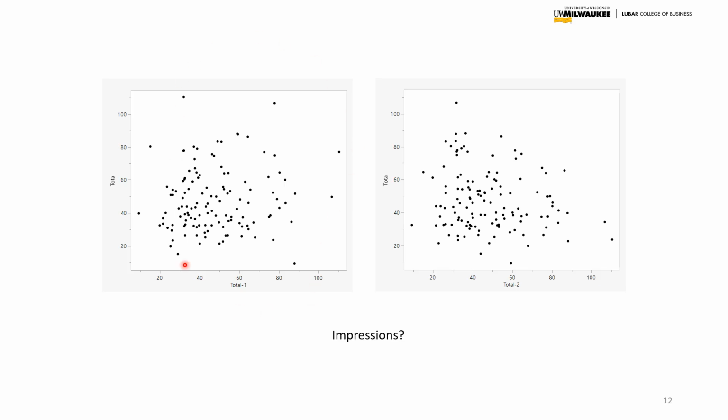These look to be random scatters if you look 1 year back and you look 2 years back. Now we can calculate a correlation between snow total and 1 year back and see if that correlation is significant. We can calculate the correlation between snow total and 2 years back and see if that correlation is significant, and so on. There's an easier way, as we'll see in a moment.